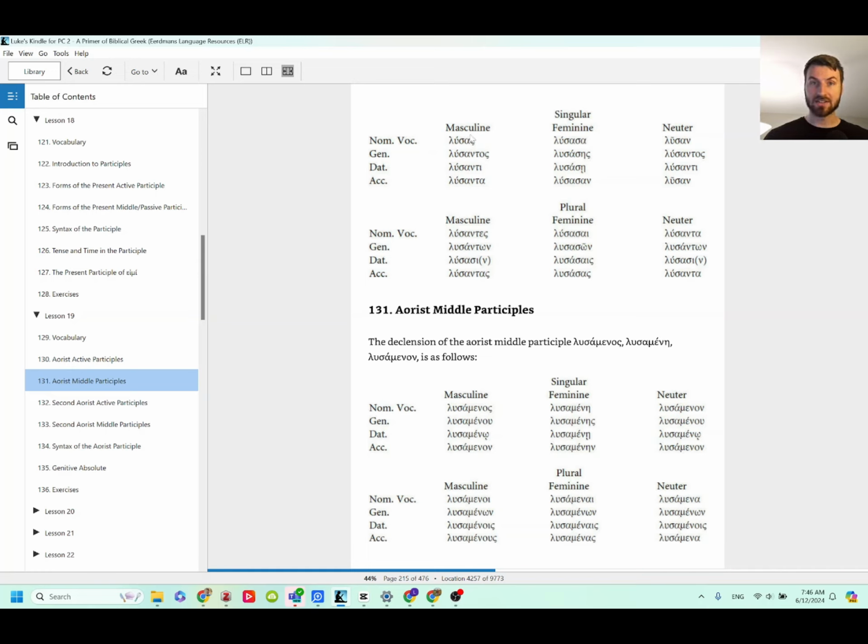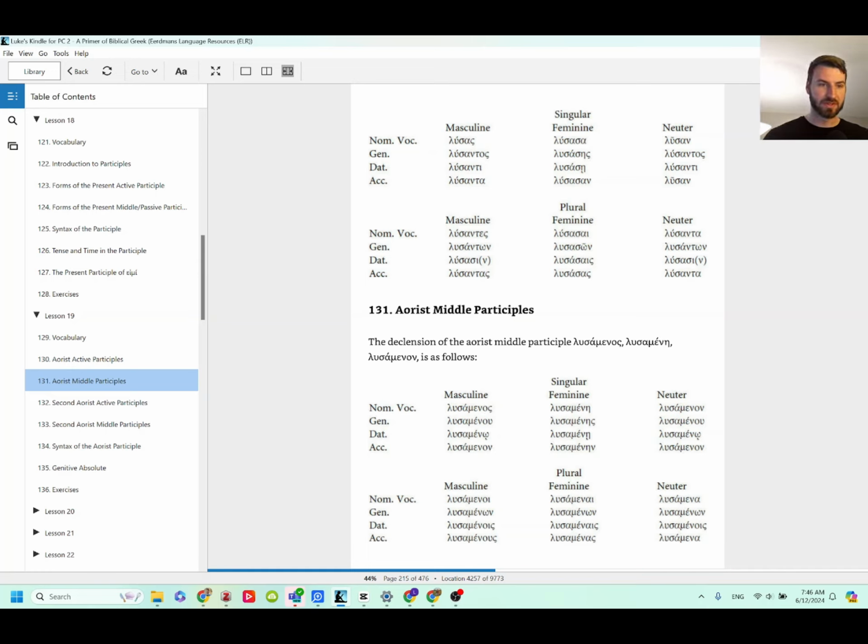In the active, we use third declension, first declension, third declension, just like the present: 3, 1, 3. And then in the middle, sorry, I said passive, but middle participles, because passive is going to use the theta, like the indicative verbs.